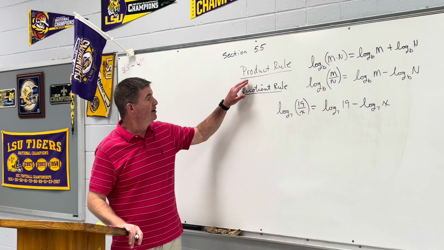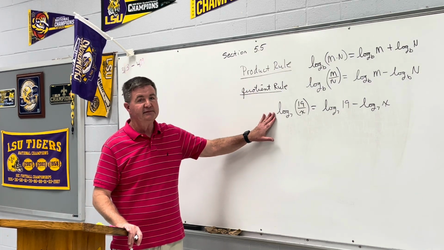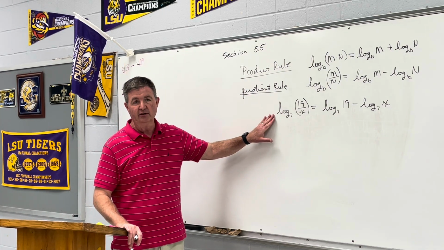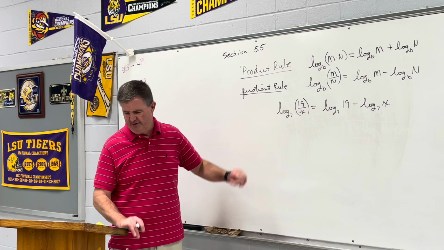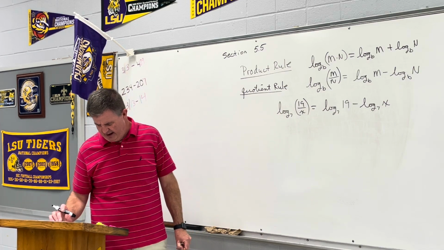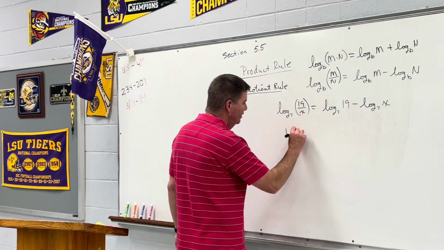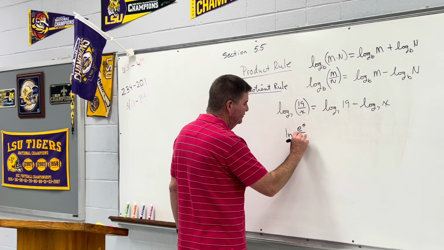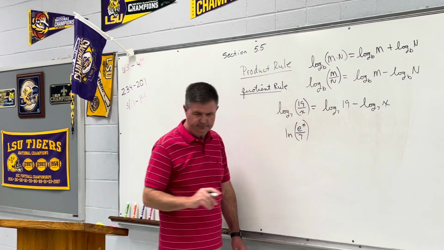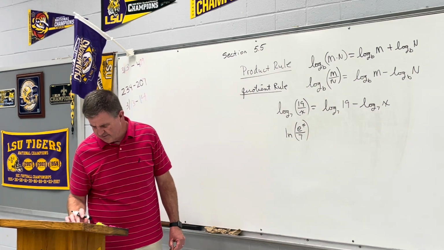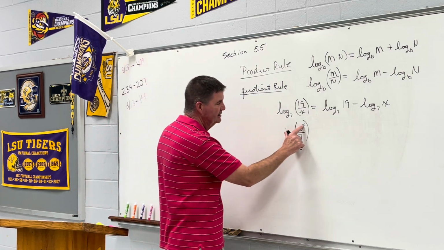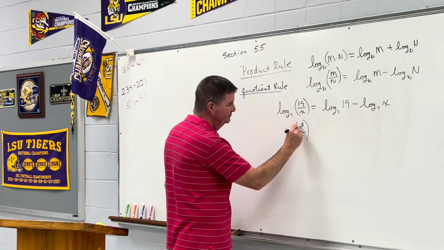Just like in the product rule, though, you may have something that simplifies because of the general log properties. Suppose we have natural log of e to the x over 7. Actually, it's e to the third over 7.